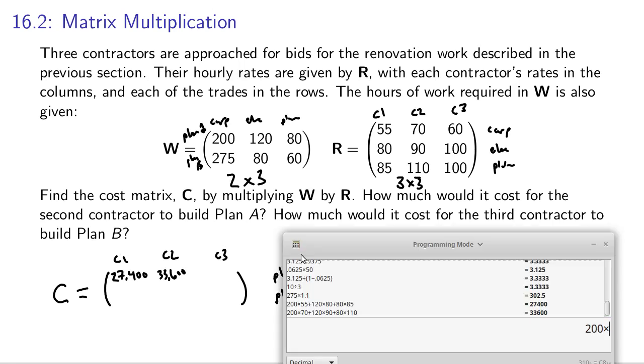So getting C13, we would have first row of W, 200, and third column of R, 60, plus 120 times 100 plus 80 times 100, 32,000 even.